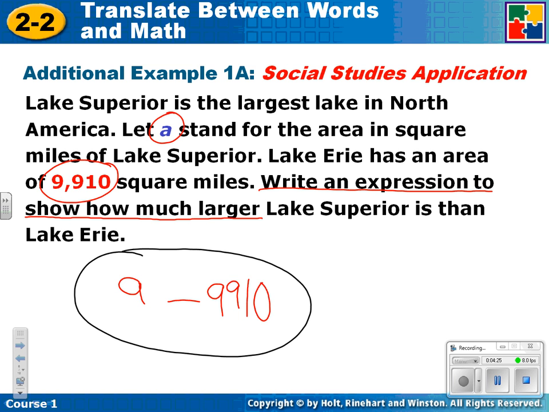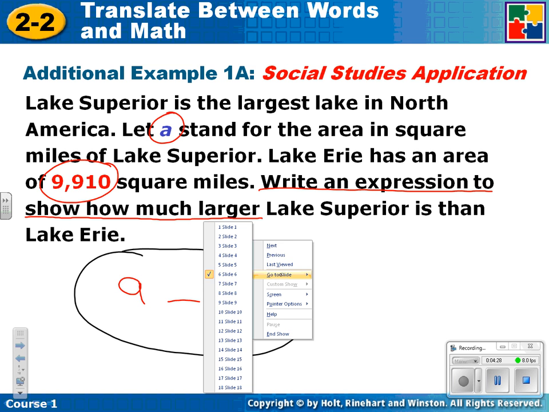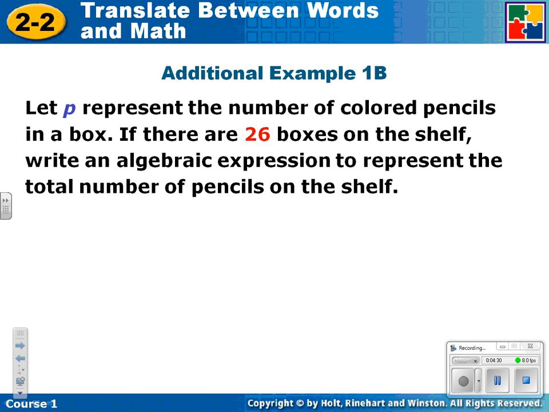So let's go to the next one. Let P represent the number of colored pencils in a box. There are 26 boxes on the shelf. Write an algebraic expression to represent the total number of pencils on the shelf. There's clues here. We need to figure out our clues. What operation are we going to do?